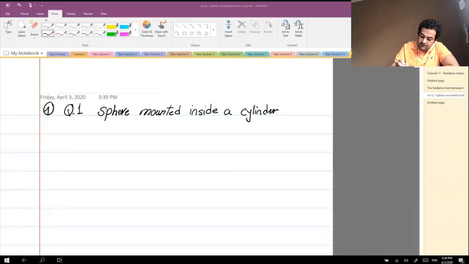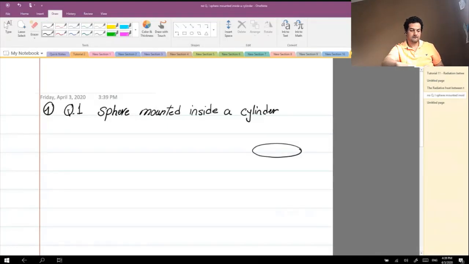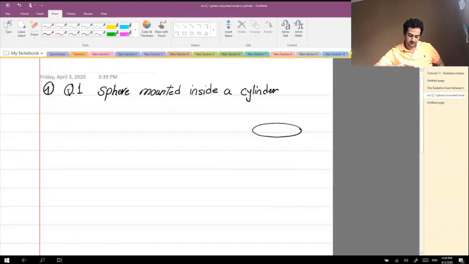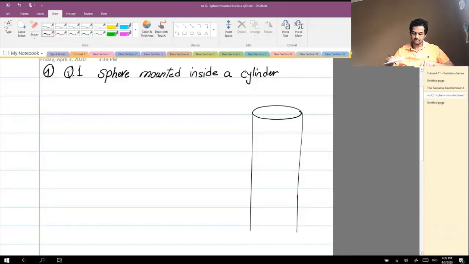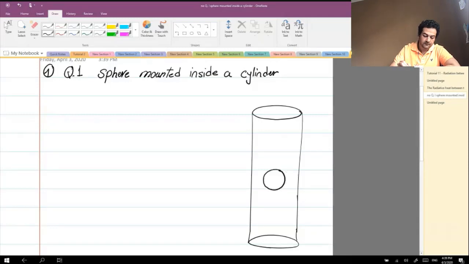So we have a cylinder, and there is a sphere mounted somewhere in the cylinder at a distance s from the bottom surface.